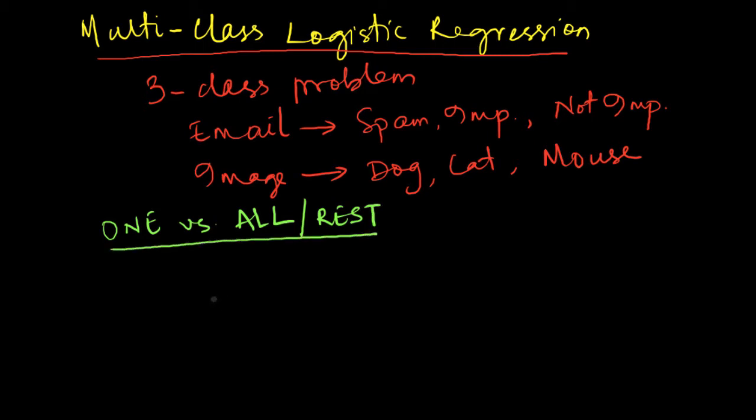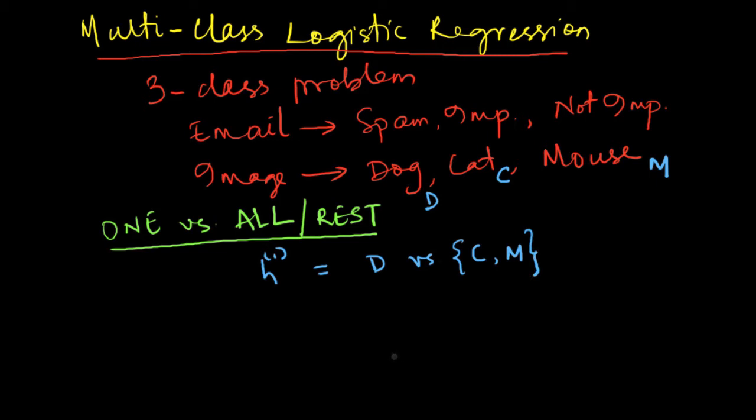Let's take the image classification problem for example, and let us denote this dog category as D, cat category as C, and the mouse category as M. Now this problem of 3-class classification can be converted into 3 binary classification problems. Using your data set, you can learn one hypothesis function which gives you the probability of classification between D versus a composition of C and M.